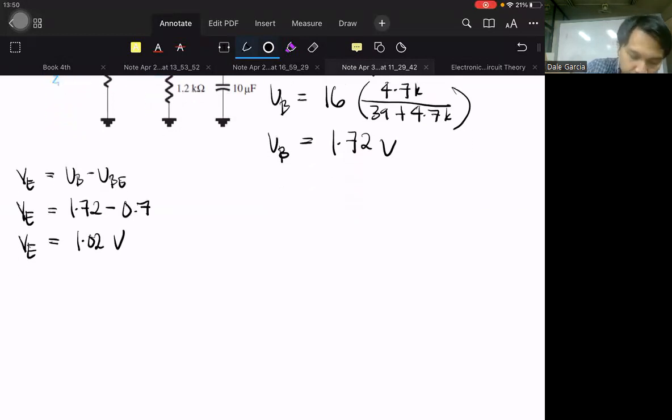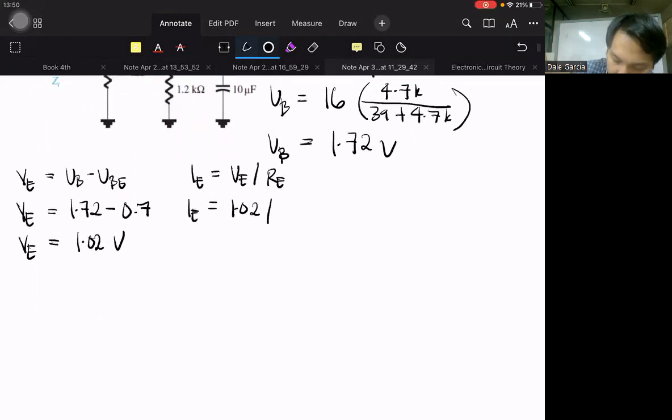Next, we will solve for IE. IE is VE over RE, 1.02 divided by RE, which is given 1.2K. IE is 0.851 milliamperes.